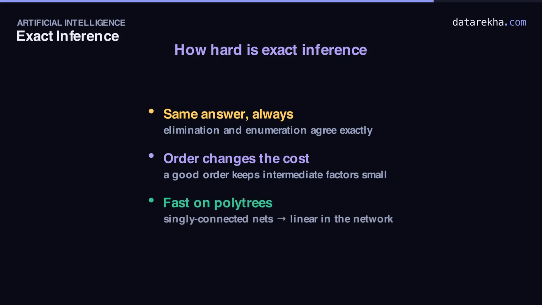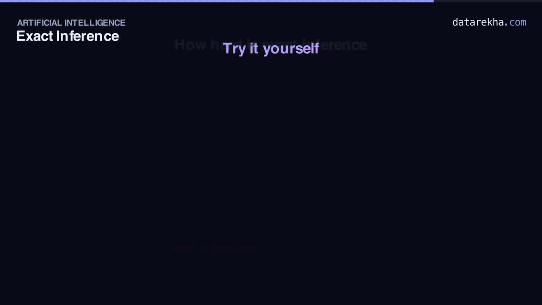Third, on a nicely shaped network, a polytree with no loops, exact inference is cheap, growing only linearly with the network size. But in the worst case, on a densely tangled network, it's genuinely hard. NP-hard, in fact. And that word is our cue for what comes next.